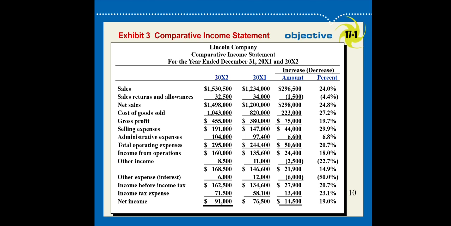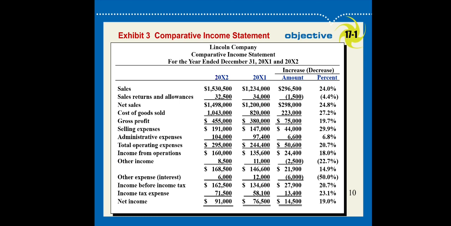Okay, so think about it. That is the conclusion. Maybe the business is not getting better in terms of performance, because sales increased by 24%, but profit increased only by 19%. If you check in detail, you will see that there are several reasons for this situation. First, you can see there, the cost of goods sold increased by 27.2%.